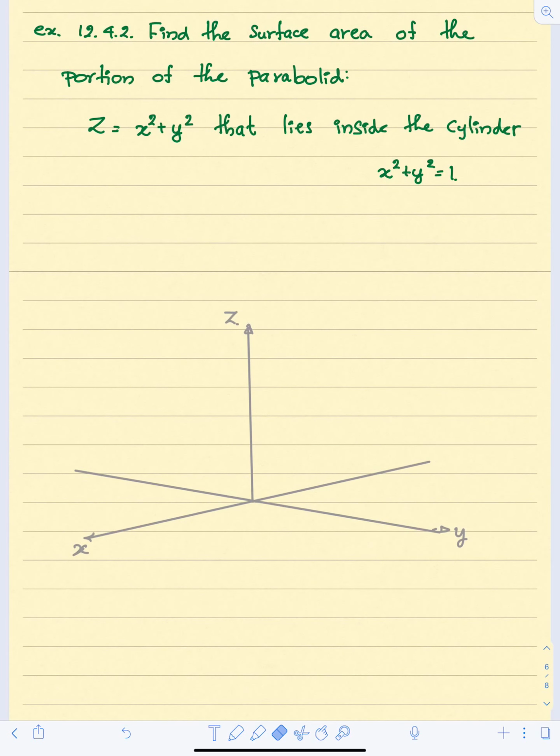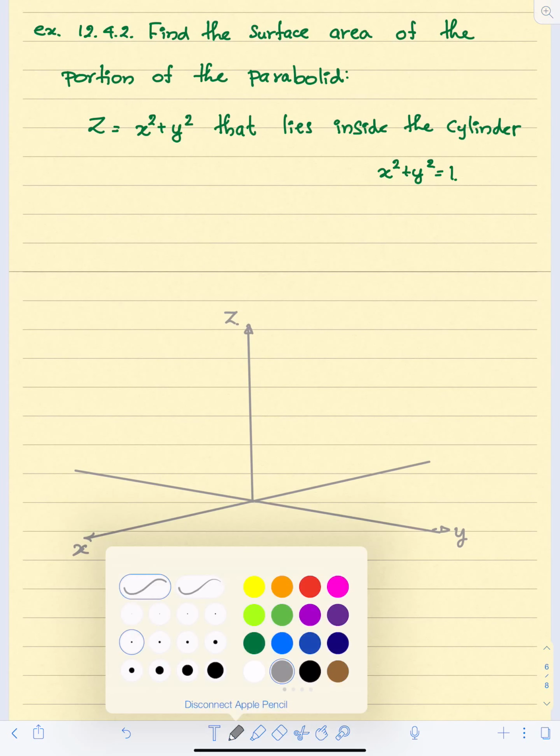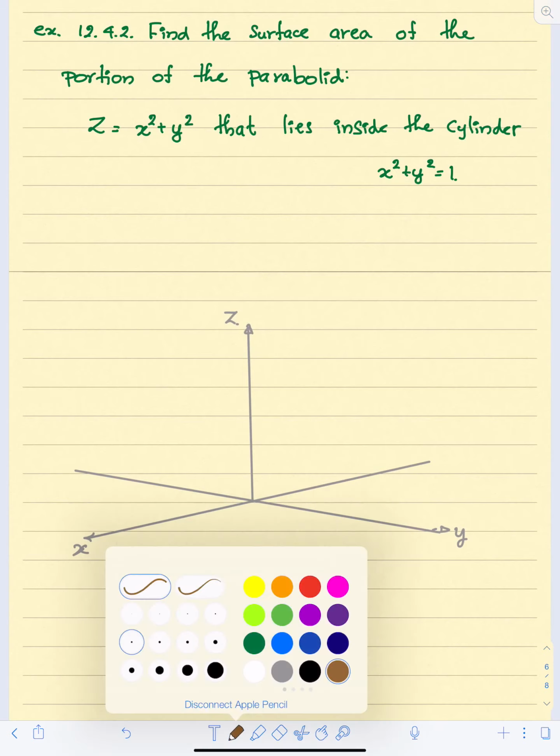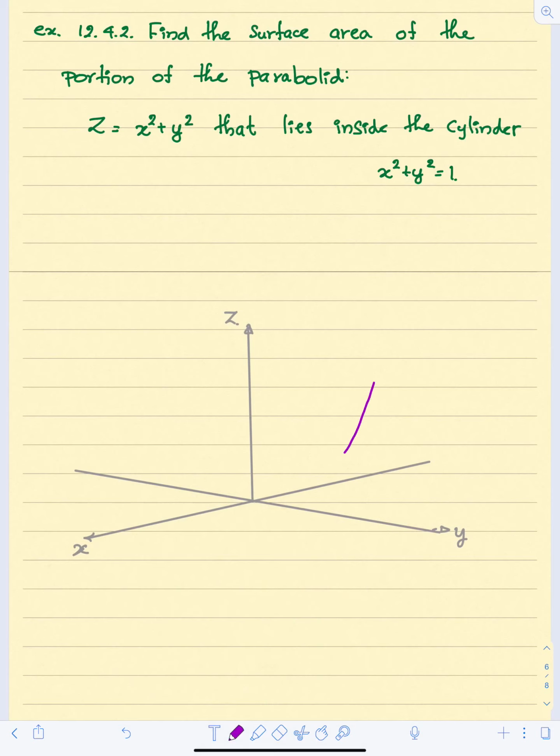Let's draw the figure. So here we have the x, y and z axis. Now let's draw the paraboloid. It is a paraboloid like this.